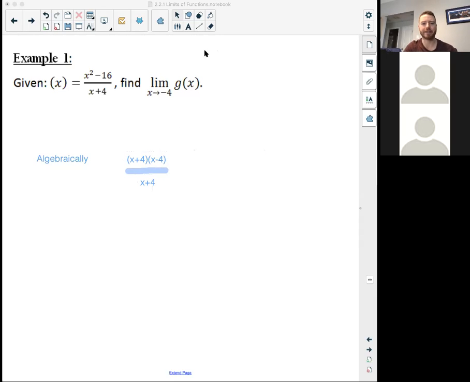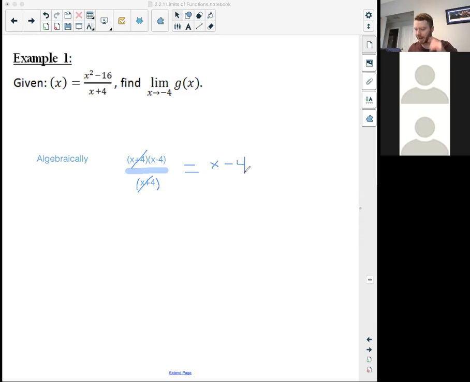Now that we have that, it looks a little bit more familiar. What can we do with that? These are in brackets. These guys can cancel, right? Then we're going to be left with x minus 4.